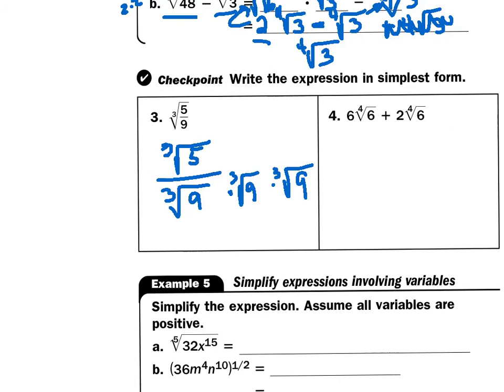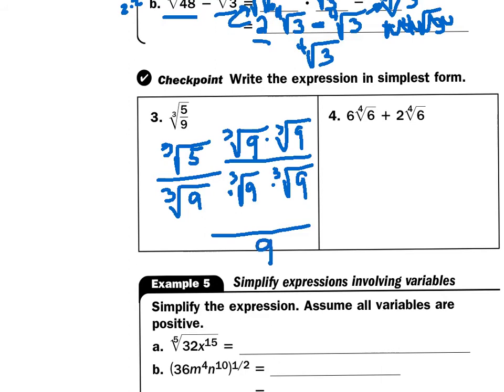a number that I can pull out. And then I need to do top and bottom again up here. So that would leave me with, on the bottom, I just have my 9 left over.